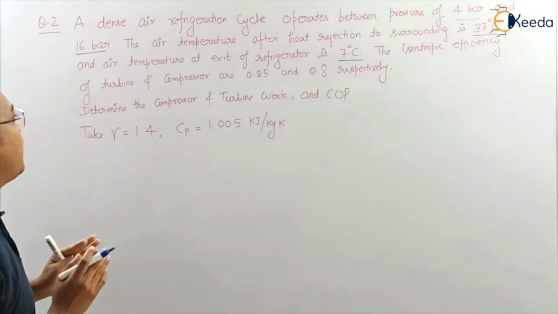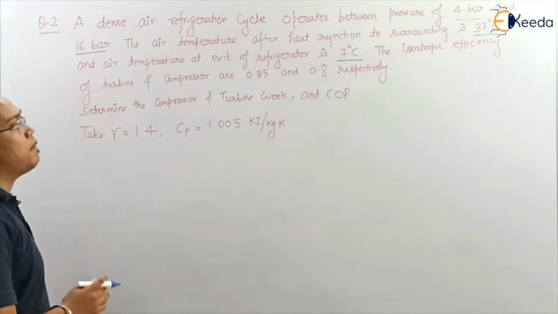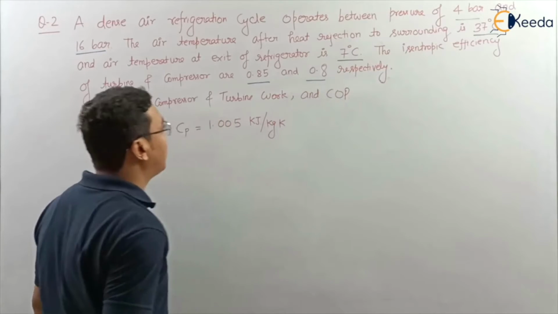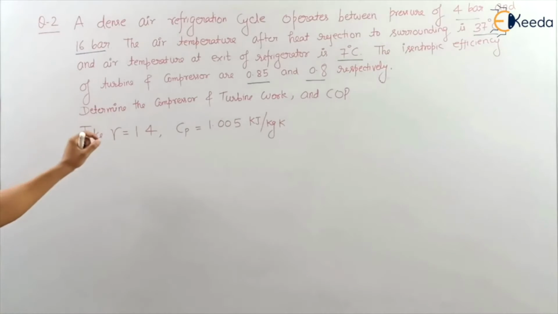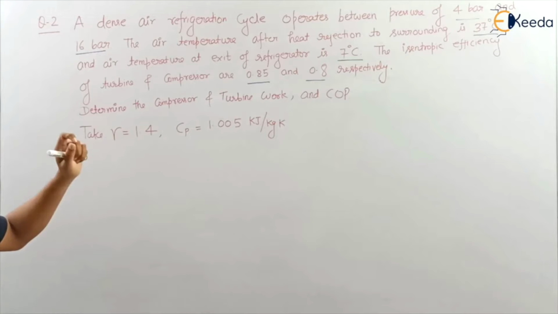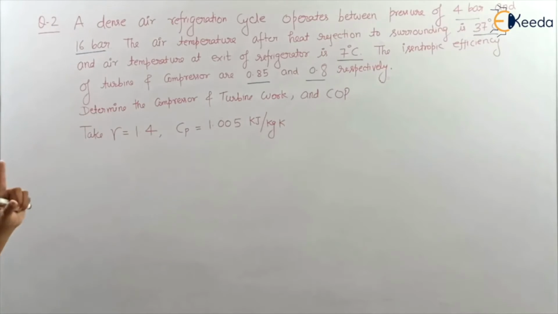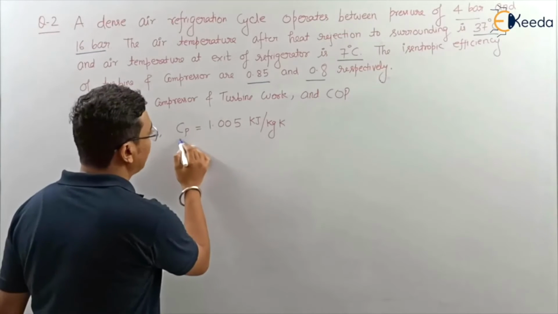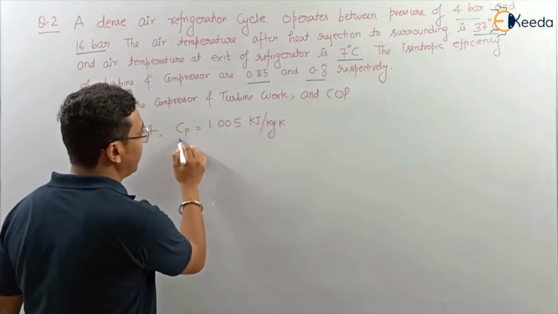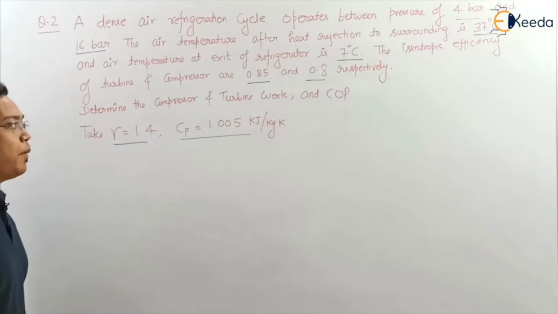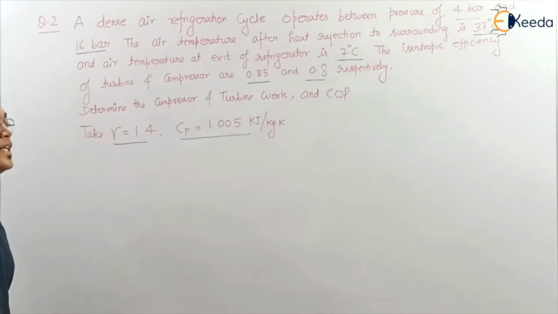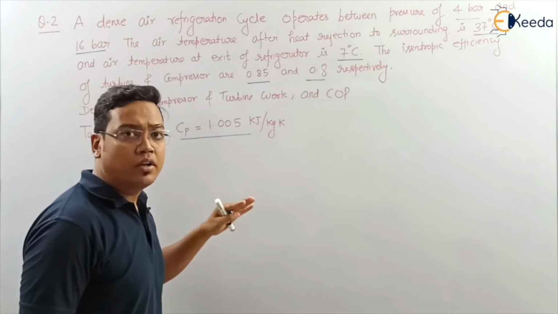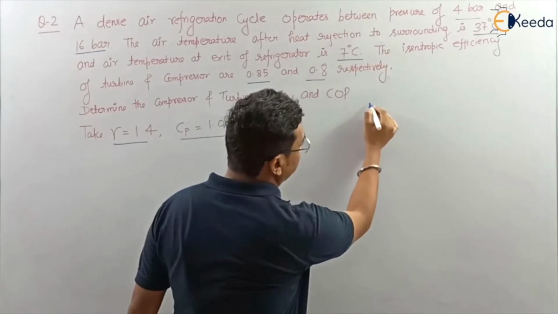The isentropic efficiency of turbine and compressor are 0.85 and 0.8 respectively. Determine the compressor and turbine work and COP. Take gamma equal to 1.4 and specific heat Cp as 1.005 kilojoule per kg Kelvin. So let's draw the given values on the TS diagram.